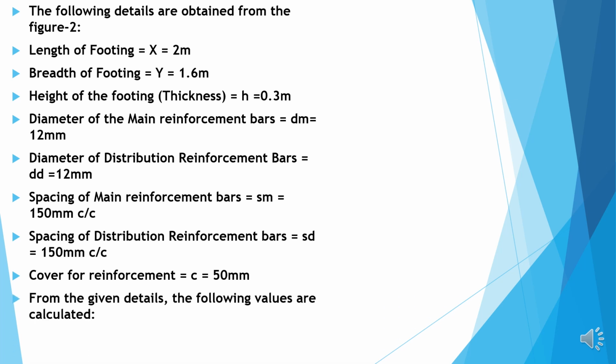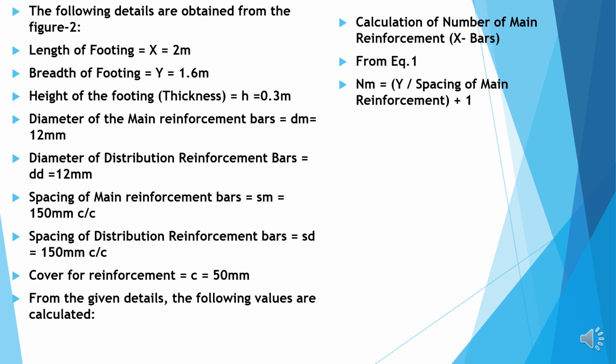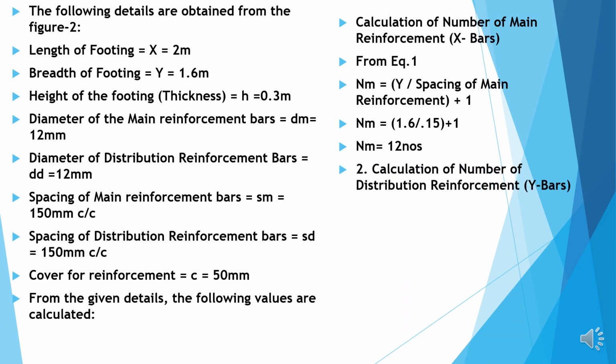From the above details, the following values are calculated. Calculation of the main reinforcement bars, these are X bars. From equation 1, Nm is equal to Y divided by spacing of main reinforcement plus 1, that is 1.6 divided by 0.15 plus 1, which is 12 numbers.